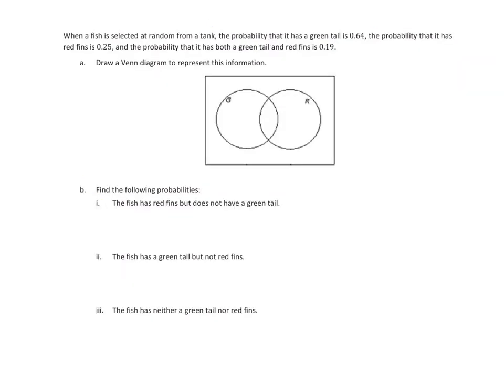Alright, so another one we've got to fill in. When a fish is selected at random from a tank, the probability it has a green tail is 0.64. The probability it has red fins is 0.25, and the probability that it has both is 0.19. So again, I'm saying the green tail, that whole green section has to be 0.64. The whole red section has to be 0.25.